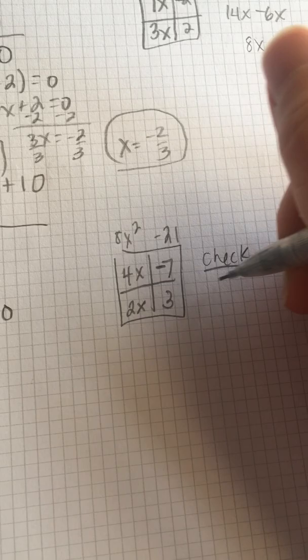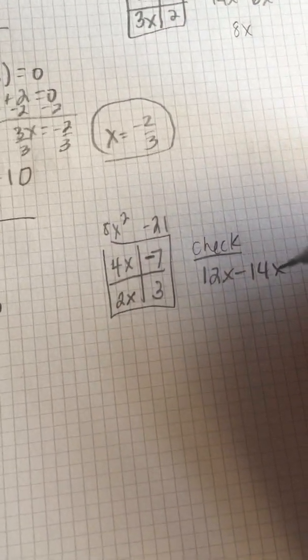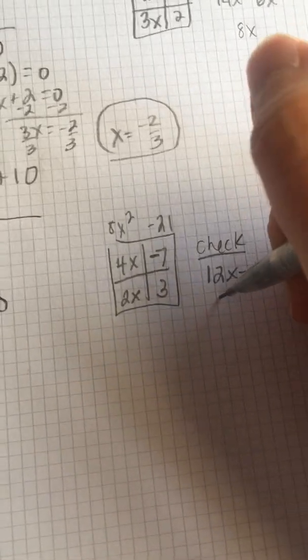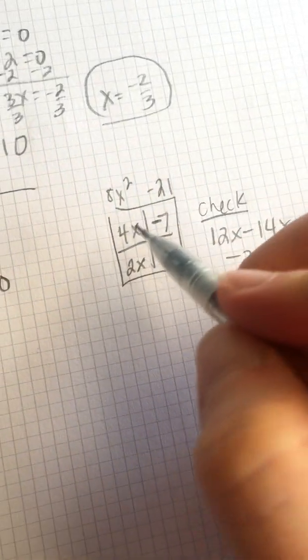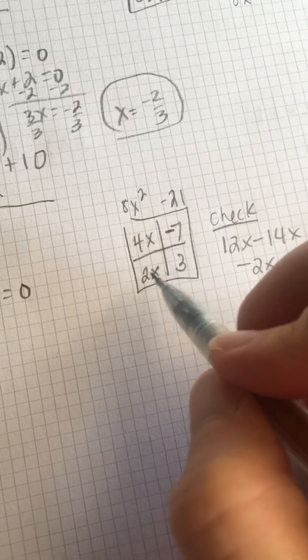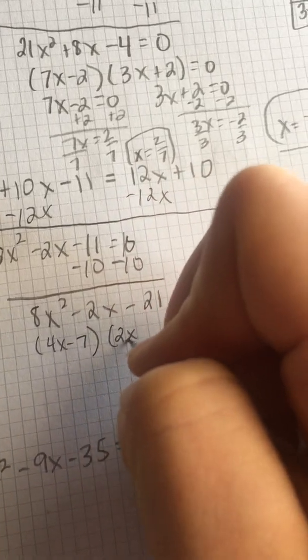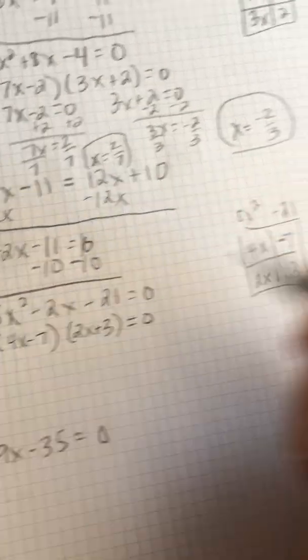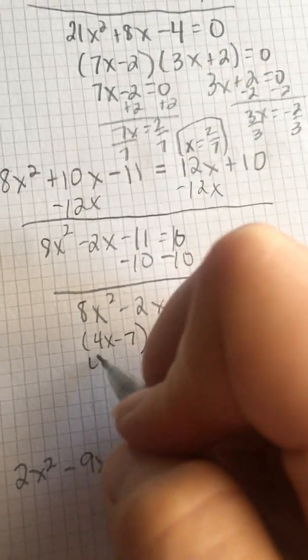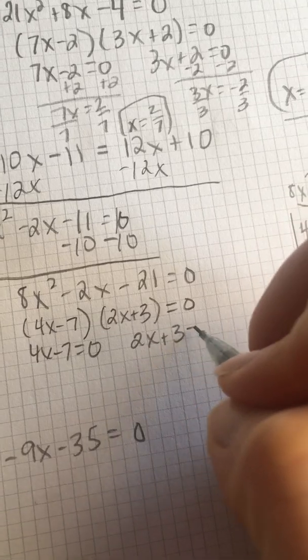This diagonal multiply to get 12x. This diagonal multiply to get negative 14x. Different signs subtract and keep the sign of the bigger, negative 2x. Matches, so my factors, again, be careful with your factors. I kept saying this yesterday. 4x minus 7 in a set of parentheses and 2x plus 3. 4x minus 7 and 2x plus 3 equal to 0. Now we set this equal and we set this equal.